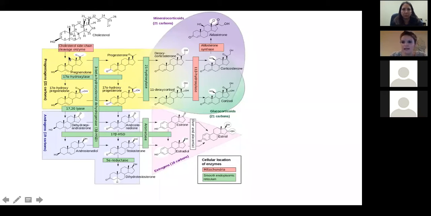Pregnenolone is like your grandmother. That's the starting point of really all steroid synthesis, because cholesterol can do lots and lots of other things in the body. Some of them good, like building cell membranes, and some of them bad, like all sticking together and clogging up your arteries. So we have pregnenolone, and we have several products that have pregnenolone in them.